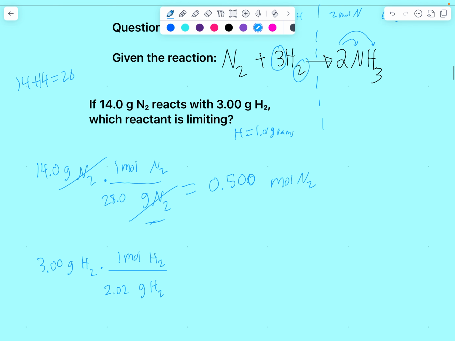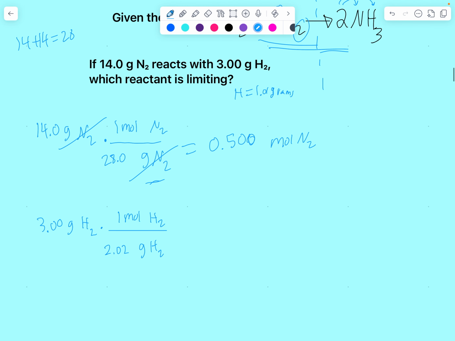I didn't use the balanced equation yet. That's later, okay? This 1 mole of H2 and 1 mole of N2 came from knowing that 1 mole is just the amount of grams. What is 3 times 1, you guys? 3. What's 3 divided by 2.02? 1.49 moles of H2. So, I cancel out the grams of H2. This is what I'm left with, okay?